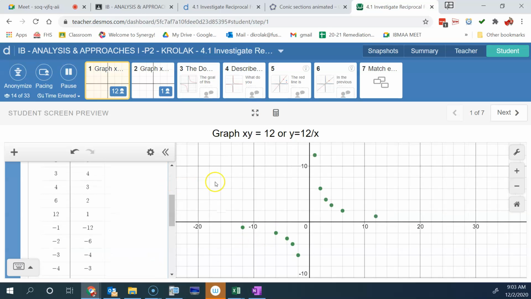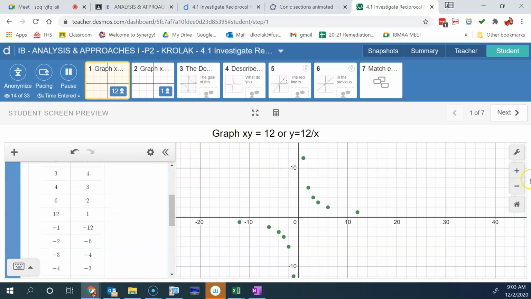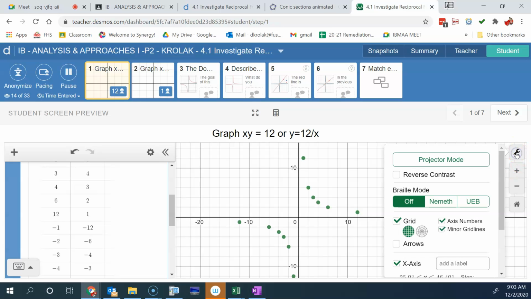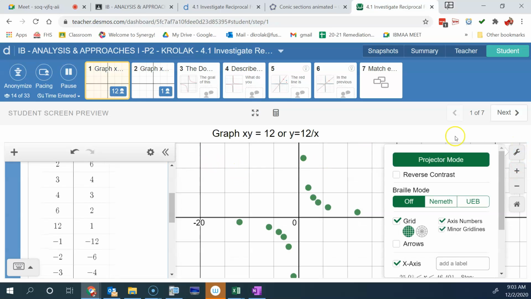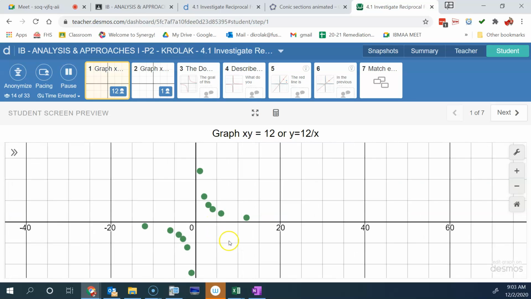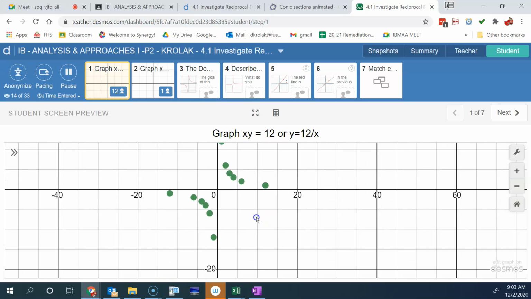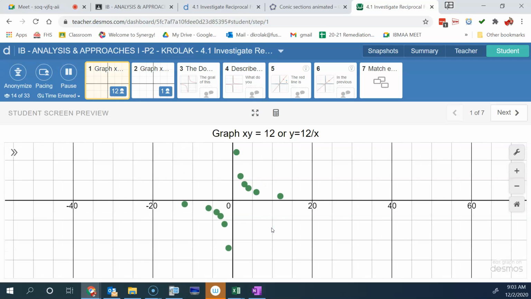Okay, so when I look at those, I can see what's starting to look like a rational function. That's all I did was take numbers that multiply by 12.